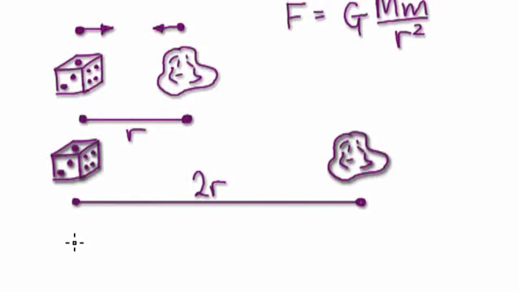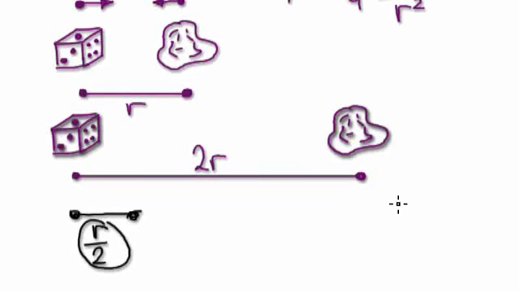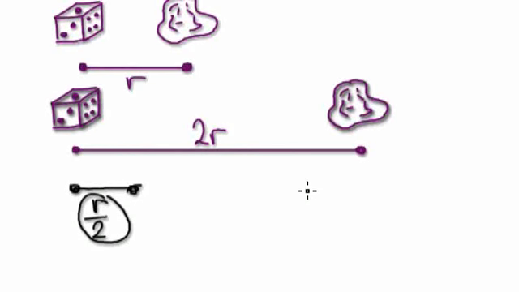Now, let's say you halve the distance, so now R is R over 2. If you put this R over 2 into that thing there: before, our old system was F equals K over R squared.